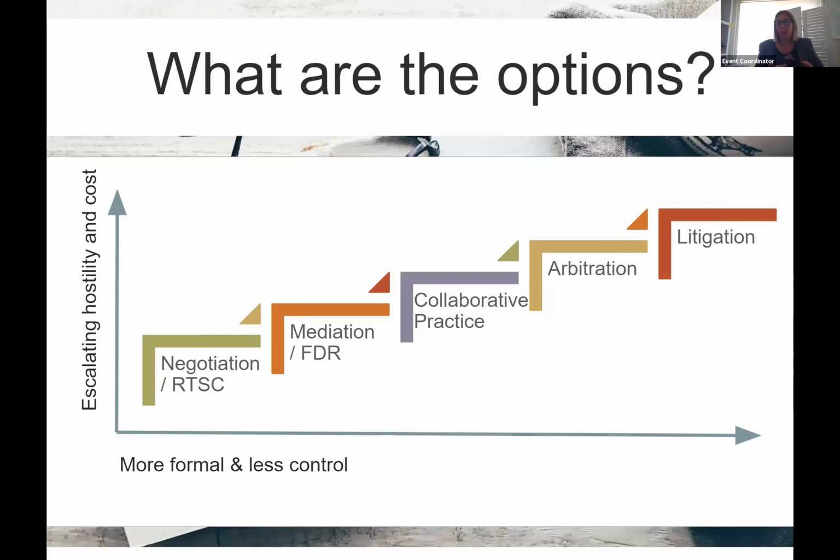But in the collaborative process, you also sign a participation agreement that you will not go to court and that you will actually resolve the matter, or try to resolve the matter, through a series of meetings. So it's really a pre-court phase, whereas mediation can be conducted pre-court or during the court process, and there are no restrictions on litigation in the future if it doesn't resolve.